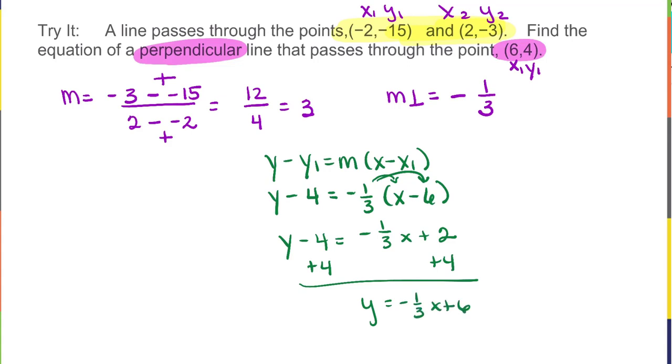So the line that is perpendicular to the line passing through negative 2, negative 15, and 2, negative 3, and passes through 6, 4, is y equals negative 1/3 x plus 6.